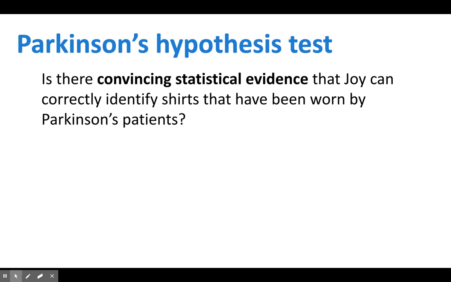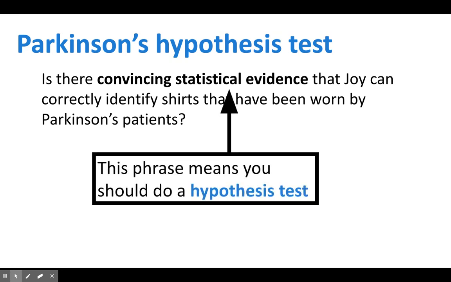So going back to our Parkinson's hypothesis test: is there convincing statistical evidence that Joy can correctly identify shirts that have been worn by Parkinson's patients? If questions are worded like this, that's your key phrase that means you should do a hypothesis test.